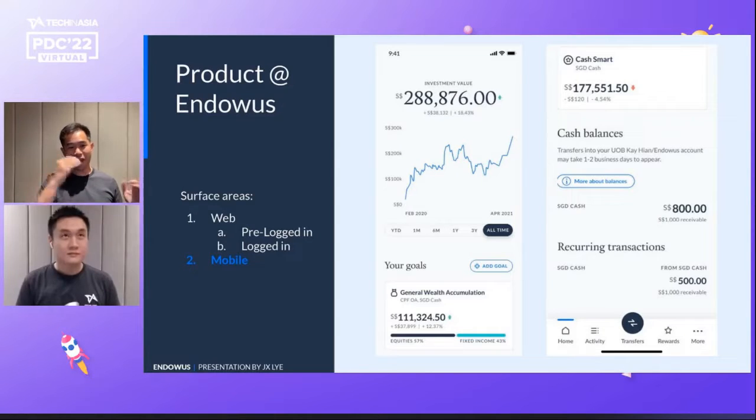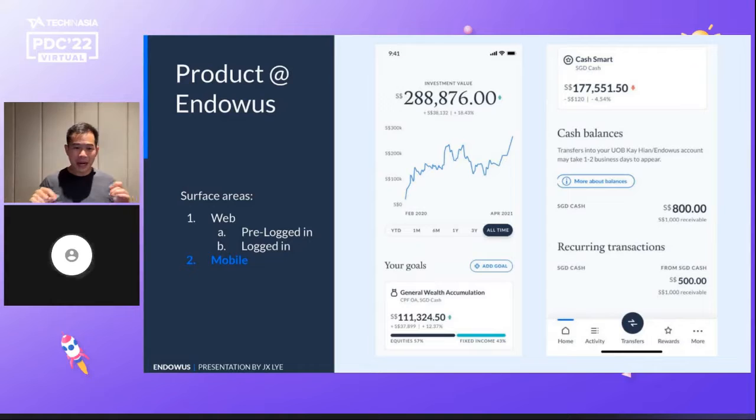Thinking about all of these different surface areas, how all of these numbers, all this information need to tie and sort of tell a story together.